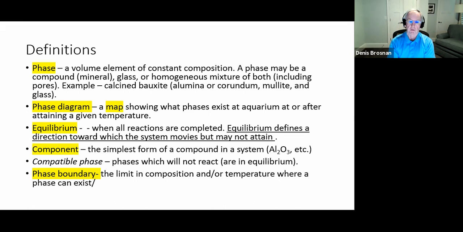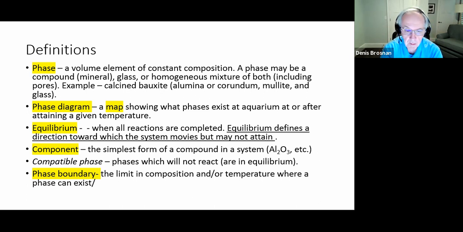They approach it. They certainly approach equilibrium because that's how the composition attains its minimum energy level. So the phase diagram is going to tell us what should be there at equilibrium, and it's also going to tell us a direction the composition is going to go as it approaches equilibrium, and that's really important in firing.